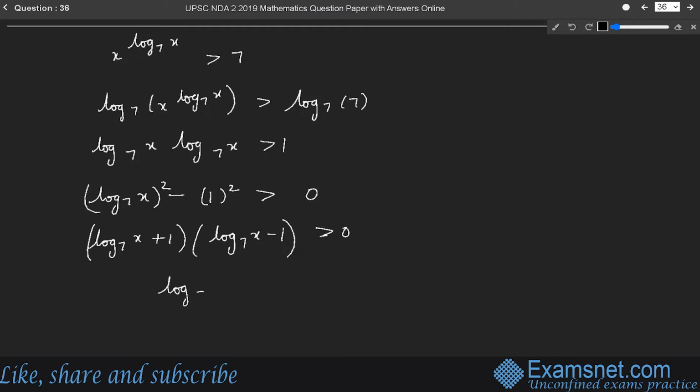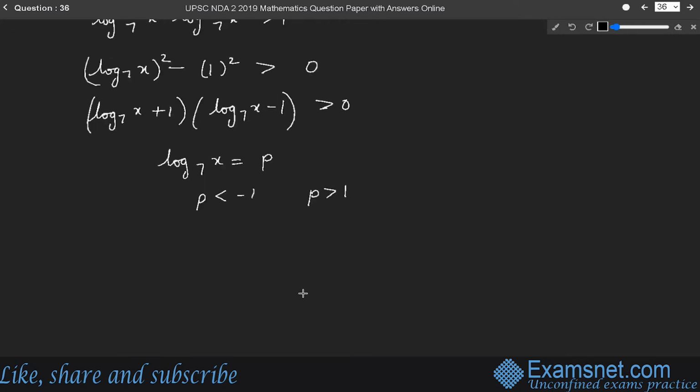So we can say that log base 7 of x is equal to p. Then p will be less than minus 1 and p will be greater than 1, and we know that (p plus 1) into (p minus 1) is greater than 0.